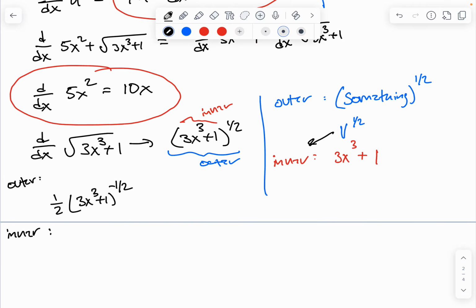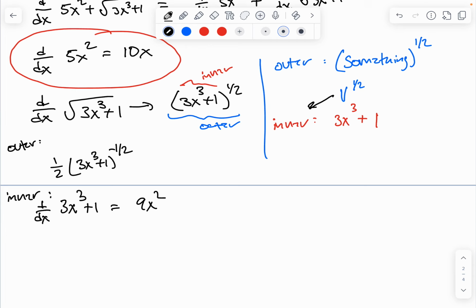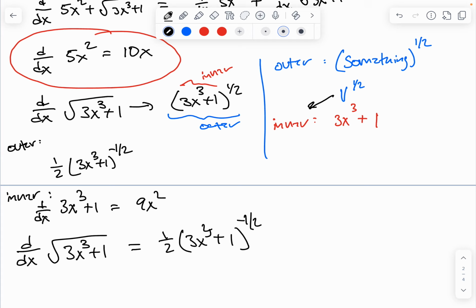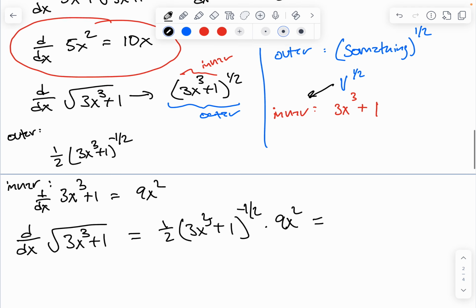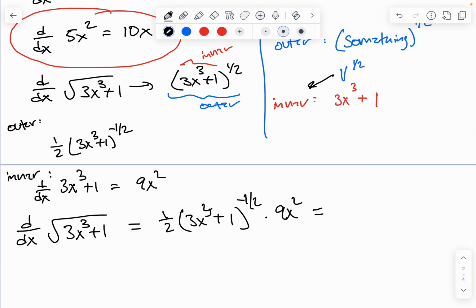The inner function is 3x cubed plus 1, so the derivative of that would be 9x squared. So the total derivative of square root 3x cubed plus 1 is equal to 1/2 times 3x cubed plus 1 to the negative 1/2 multiplied by 9x squared.